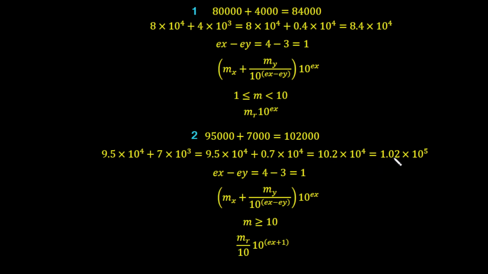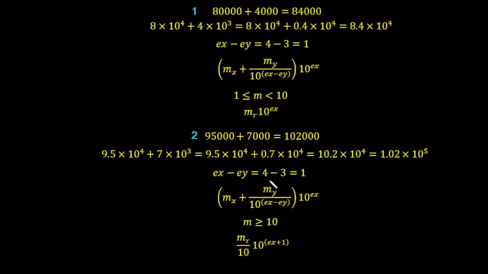So this becomes 1.02 times 10 to the 5, okay? So it means that the exponent changes from 4 to 5 and the mantissa changes as well. It goes down by a factor of 10. So the exponent can go up by 1, but the mantissa has to go down by 10.